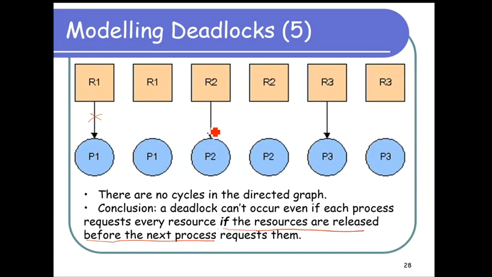R2 serves P2, then it is free. R3 serves P3 until finished, then it's free. This is the perfect situation, no deadlock, because the resources are released before any other job wants to request them.